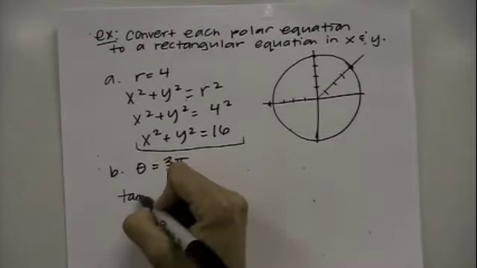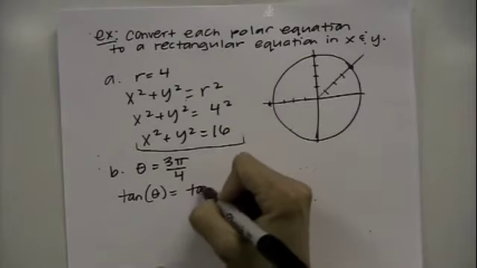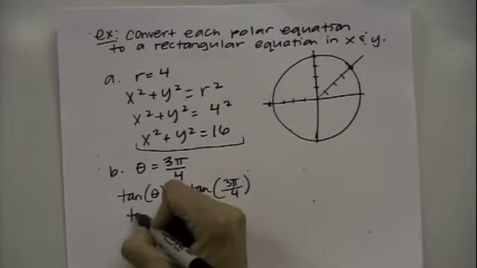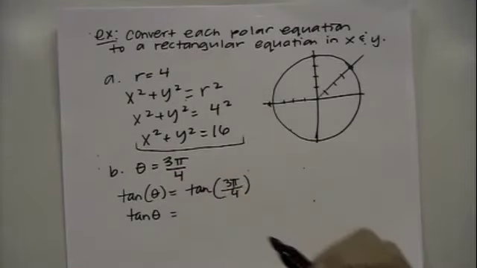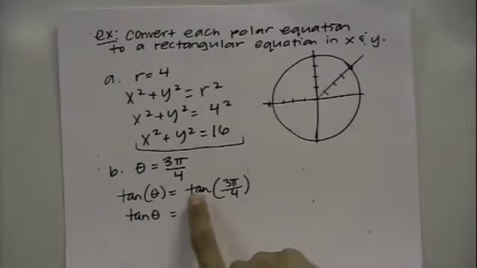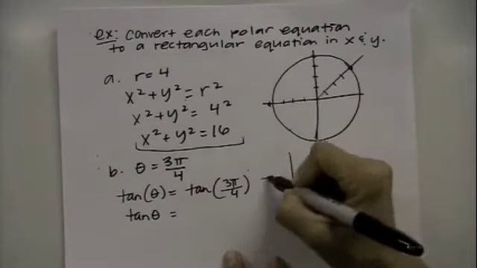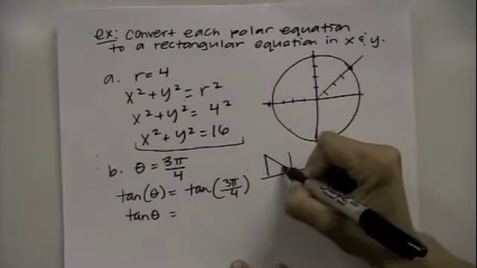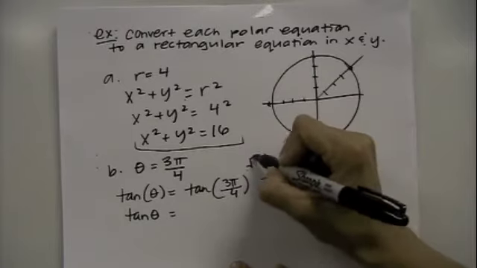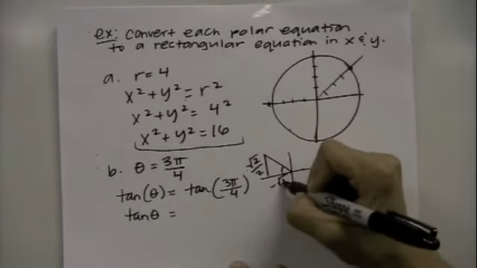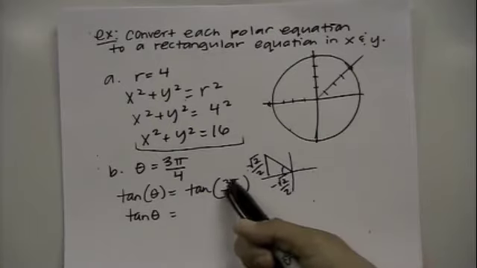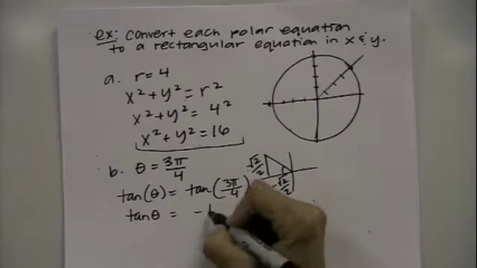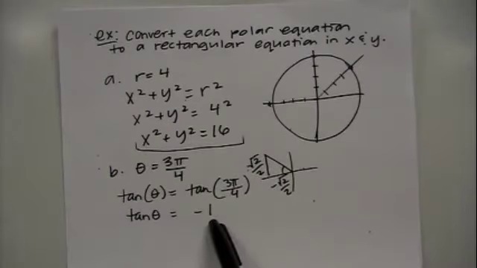So if I take the tangent of theta and tangent of 3 pi over 4, tangent of 3/4 of pi has a reference of 45 degrees, so my sides are root 2 over 2 and negative root 2 over 2. Tangent is opposite over adjacent, which is just going to be negative 1.